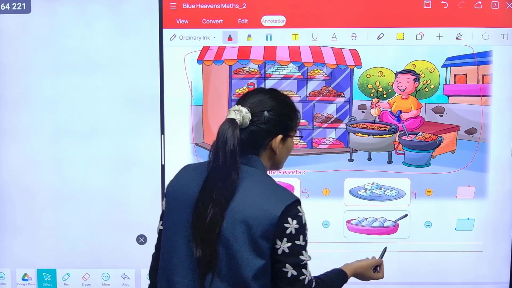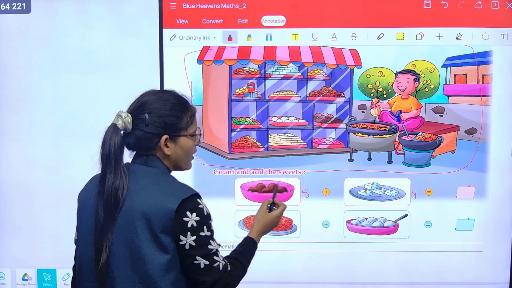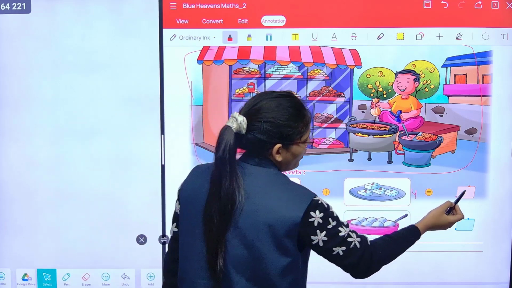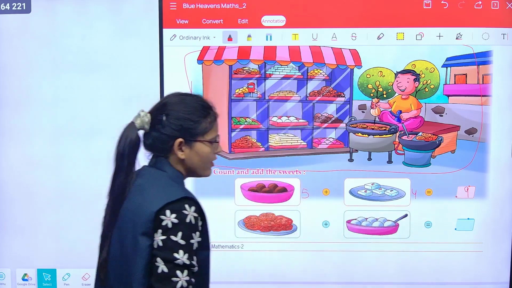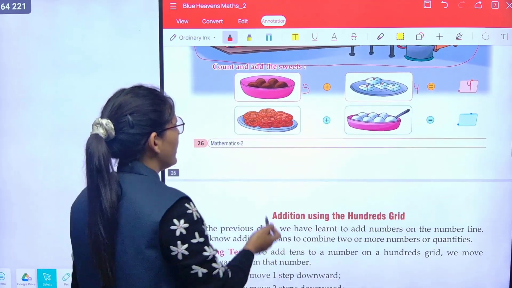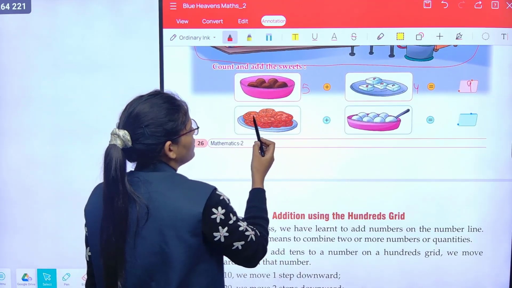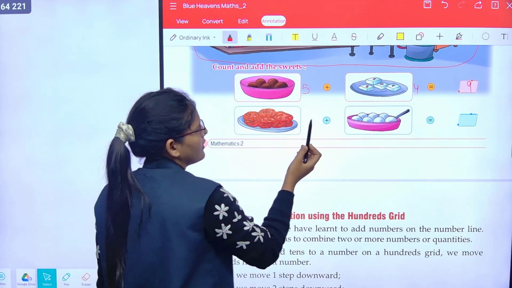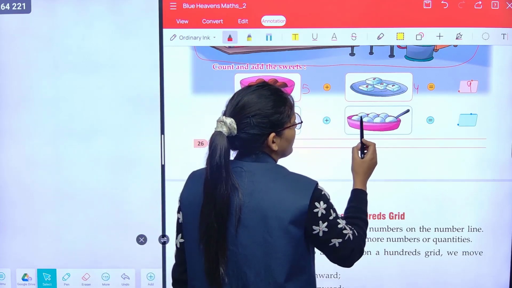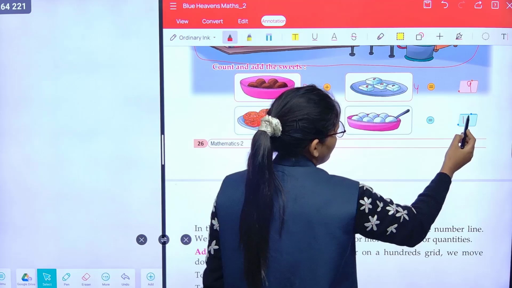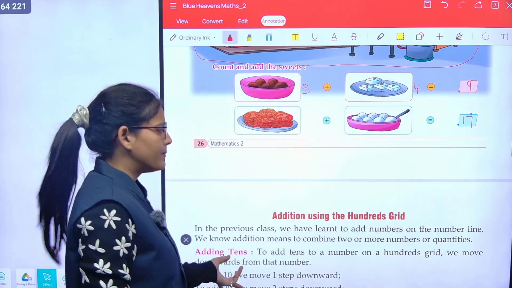Count them all: 1, 2, 3, 4, 5, 6, 7, 8, 9. So there are a total of 9 sweets. Now count again. These are 17 sweets.